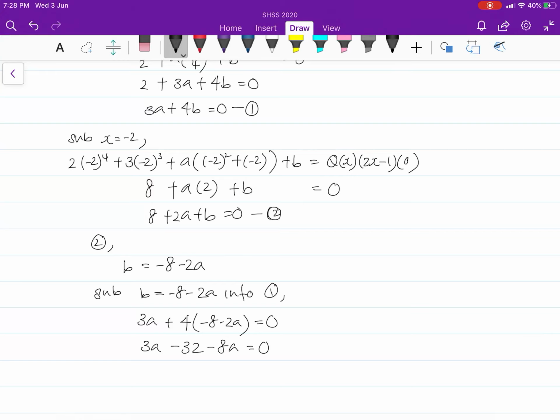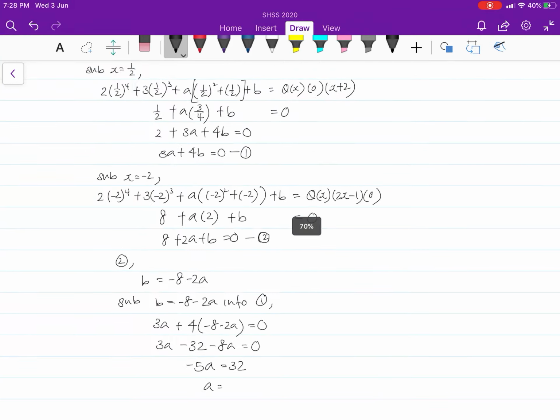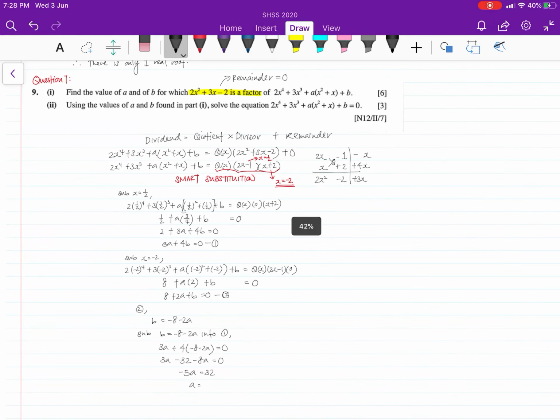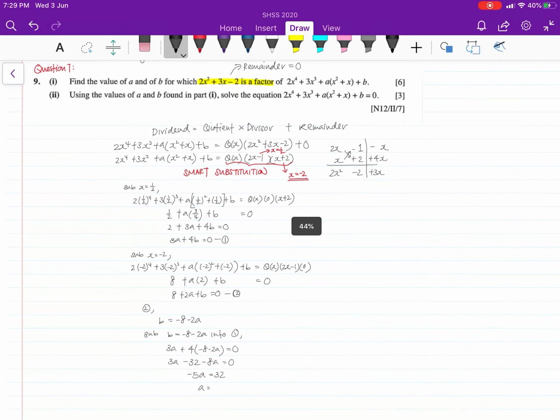Bring the 32 over, 3a minus 8a is minus 5a equals to 32. a equals to 6.4. Okay, did I make a careless mistake over here?